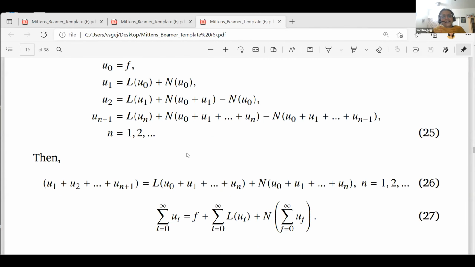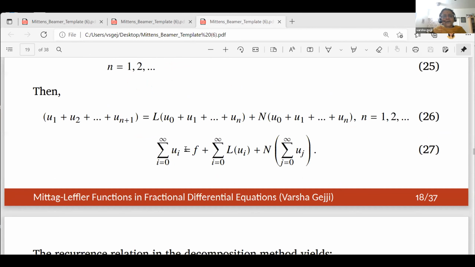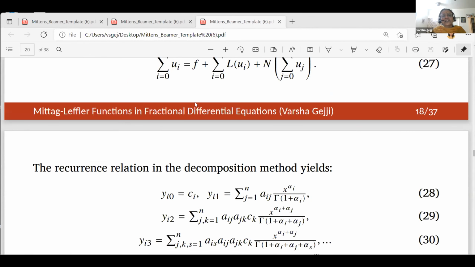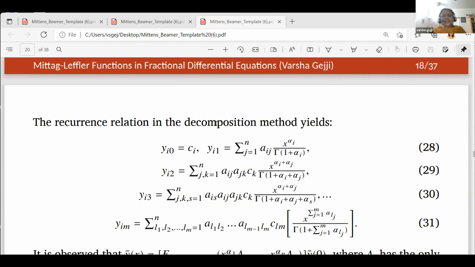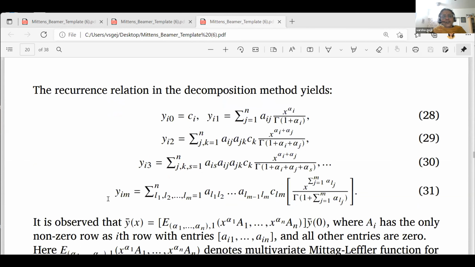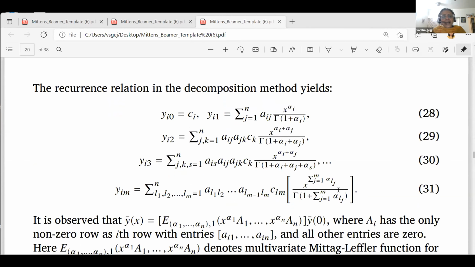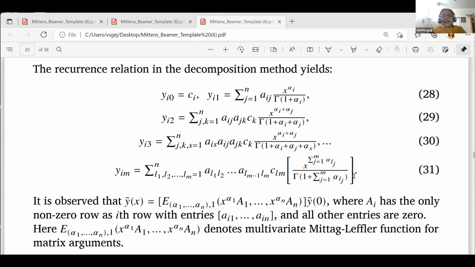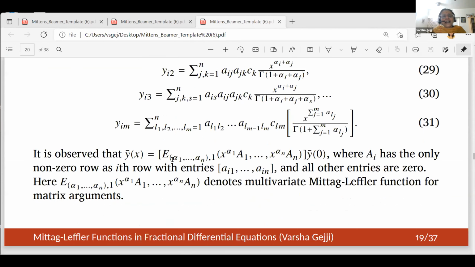So this is a technique that we have developed. Using this recurrence relation, the decomposition method yields these terms. So when I compile these terms, this addition gives us the solution. And very interestingly, this solution has this form. It is a multi-term, multi-parameter Mittag-Leffler function with these matrix arguments, where x alpha 1 a1.